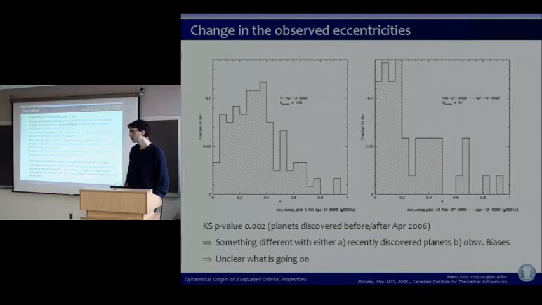What about the prevalence of resonances among multi-planet systems? That is something we do not see in the simulations. We see a few that just by accident get caught up. But in the actual observations, I think 5 out of 20 multi-planet systems are seen to be in resonances, something like 2-to-1 resonance. So in actual observations, we do see multi-planet systems in resonances.